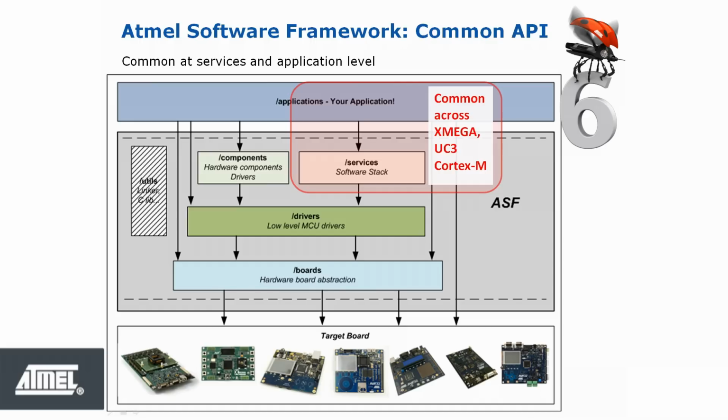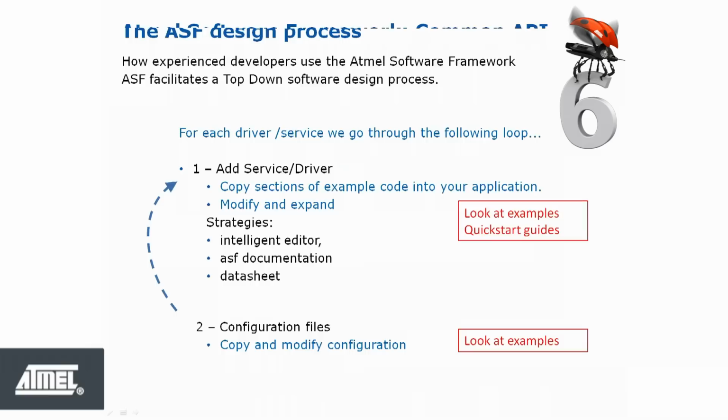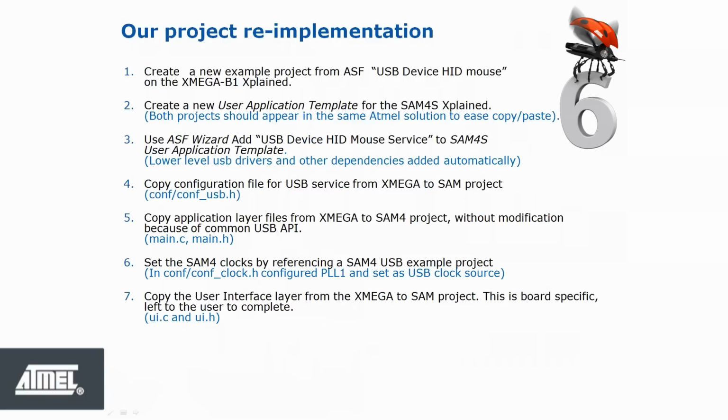The examples we will look at are the USB device HID mouse examples for the X-Mega B1 Explained and the SAM4S Explained. These respective projects will represent the starting and ending points of this video. Here are the steps that we will follow in this video in order to show how ASF can help us reuse much application layer code when re-implementing an existing application on a different Atmel processor.